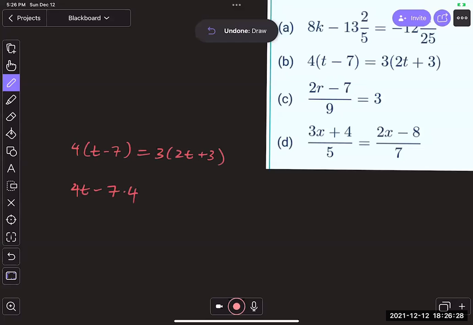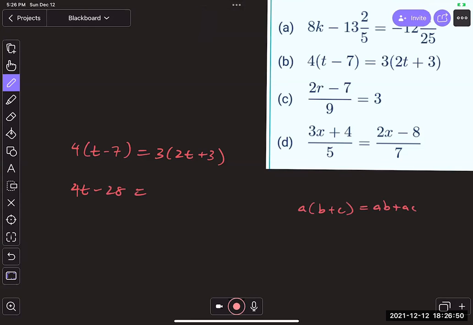Is that right? Yeah. Why is that? Because it's a parentheses, so it's supposed to be like a whole number, but we don't know what t is, so we can only multiply both of them by 4. What is this property called? The distributive property. Right. So 4t minus 28.